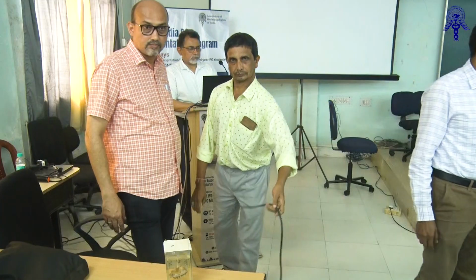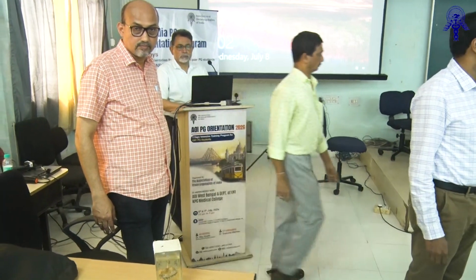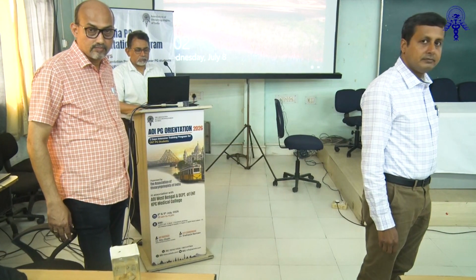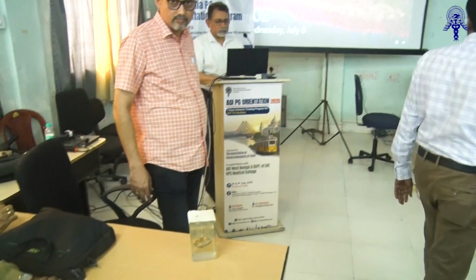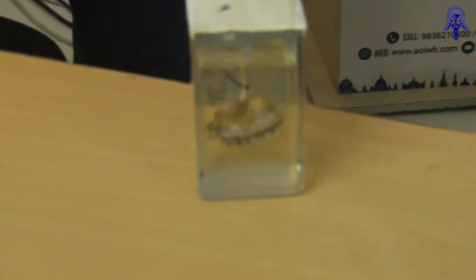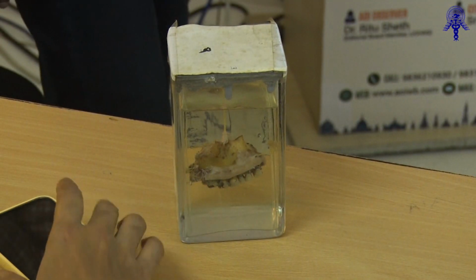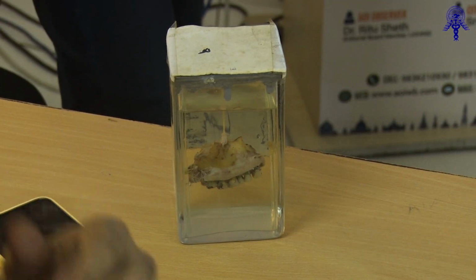Shreya, how many processes? Frontonasal process, zygomatic process, palatine process. Which one is being missed? Alveolar process. Is that right? So these are the processes, and these are the landmarks by which we can identify that this is the maxilla. And Govindo, what else tells us this is the maxilla bone?